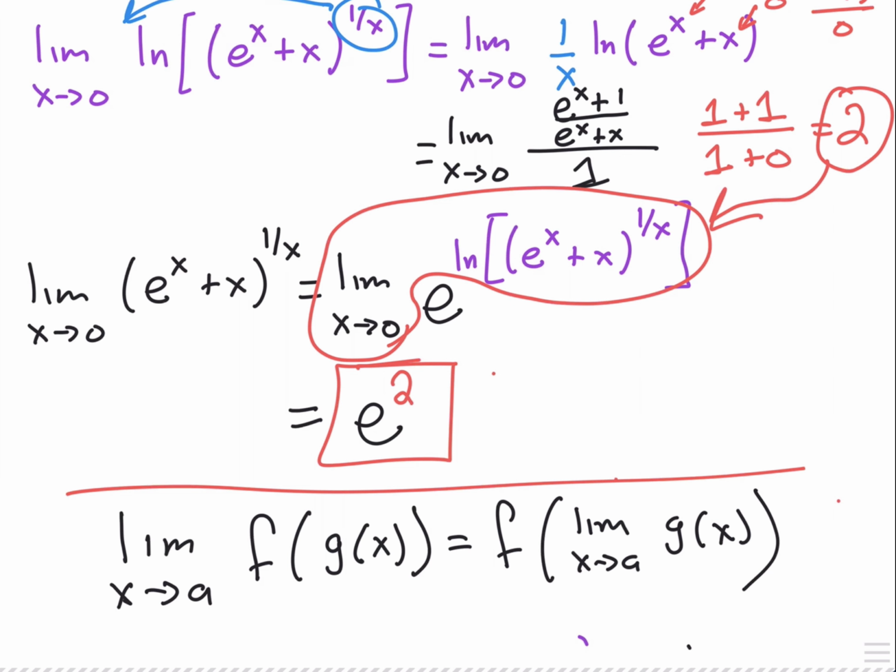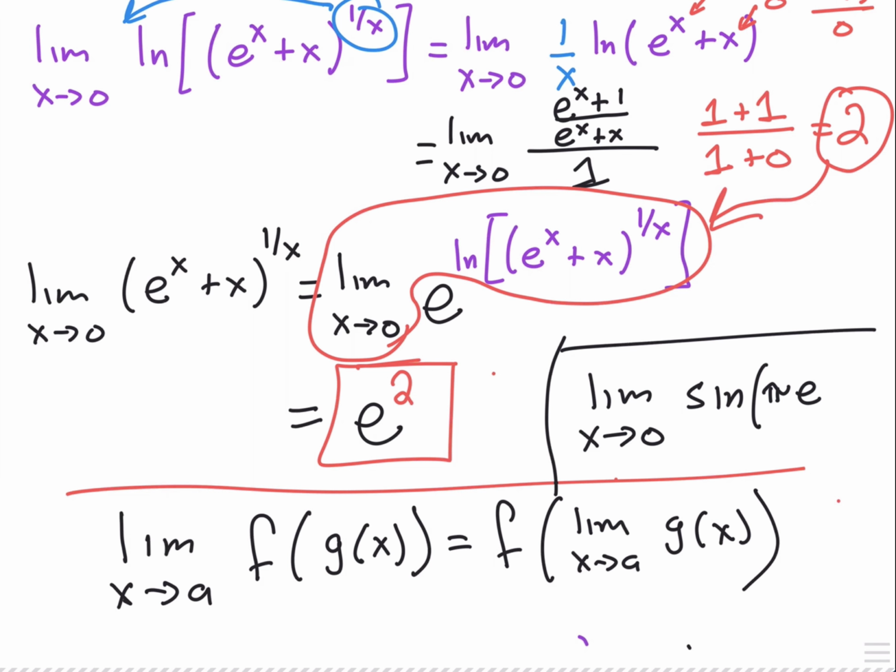But for example, let's say I have the limit as x approaches 0 of, say, sine of pi e to the x. How do you actually evaluate this limit?